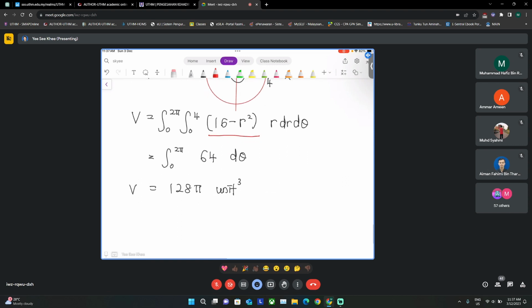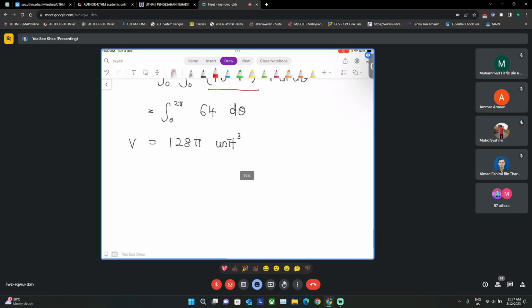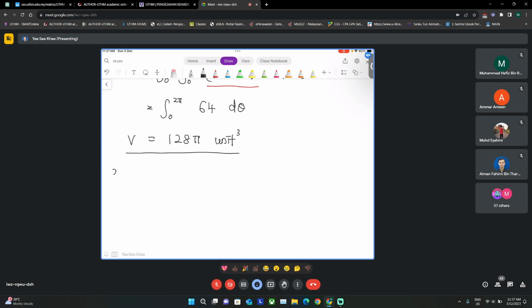So let's try one more question for the volume. We try question 3B. Same exercise, 3B. Again, you have to use cylindrical coordinates to find the volume of the solid inside the cylinder.